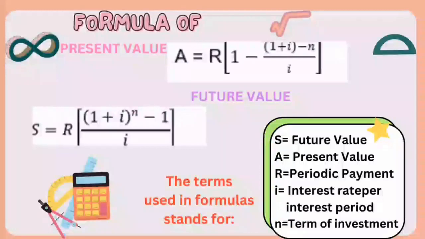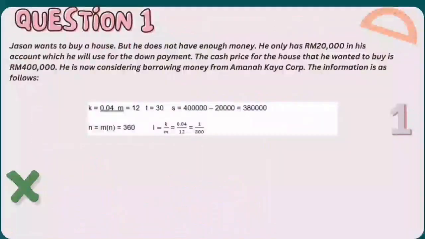The terms used in the formula stand for: S is future value, A is present value, R is periodic payment, i is interest per period, and n is the term of investment. This is question 1. Jason wants to buy a house, but he does not have enough money. He only has 2,000 in his account, which he will use for the down payment. The cash price for the house that he wants to buy is 400,000. He is now considering borrowing money from Amanah Kaya Corp.